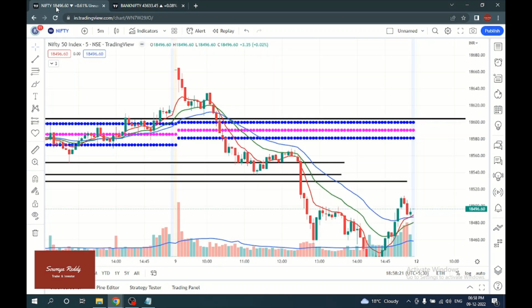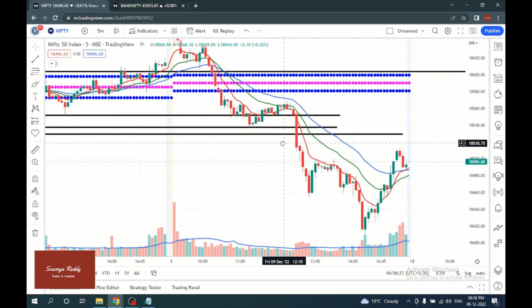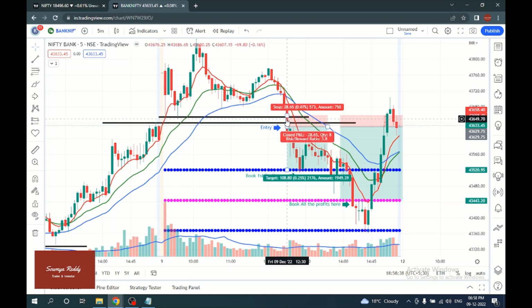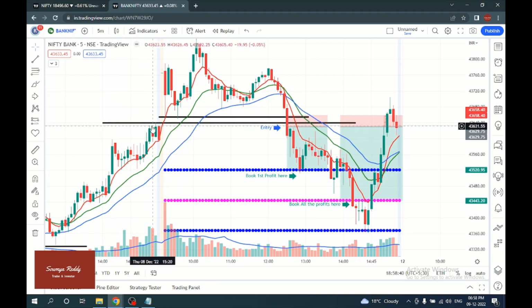Nifty is already trying to give a breakdown. So this is the candle for our entry. It broke the current day low on a single candle. It also broke the previous day high. This is a perfect entry, provided Nifty is also in a downtrend.